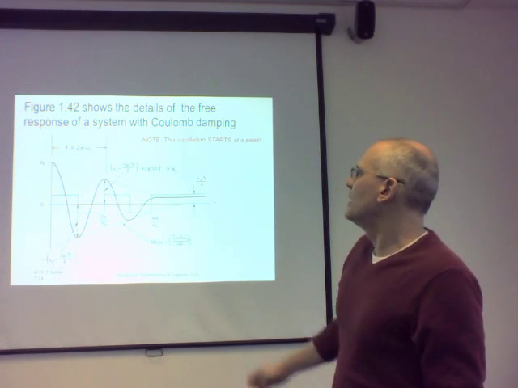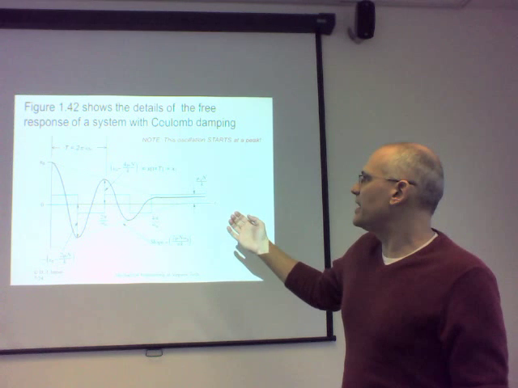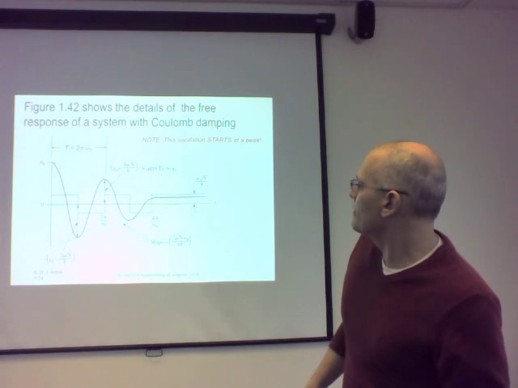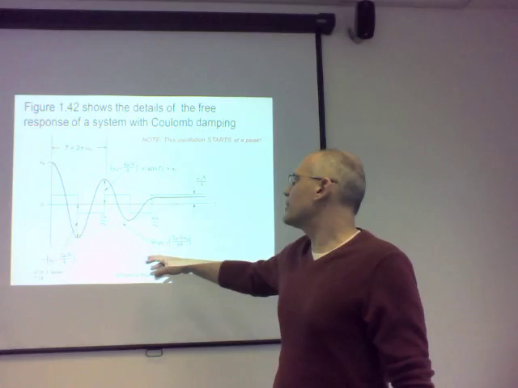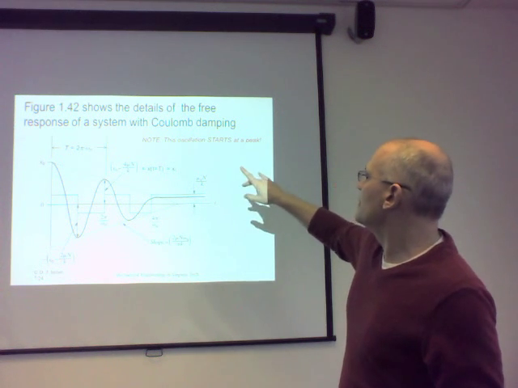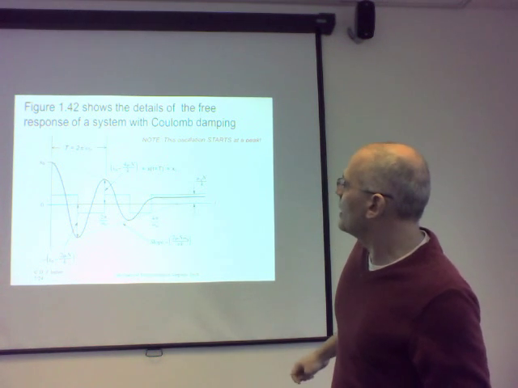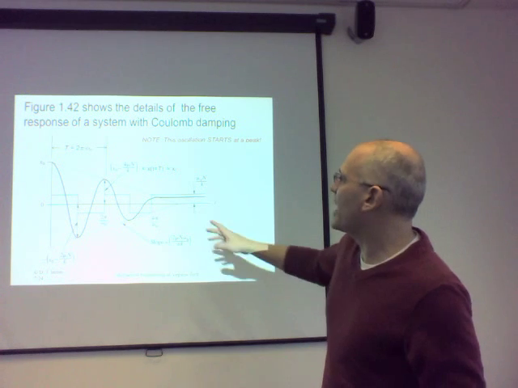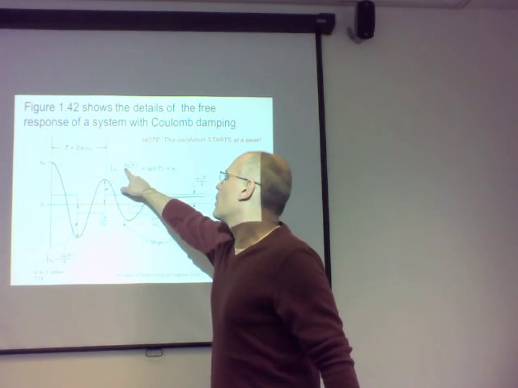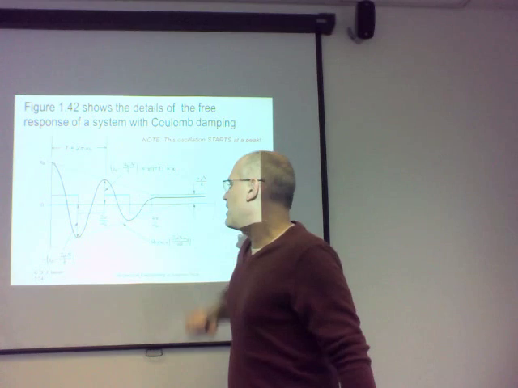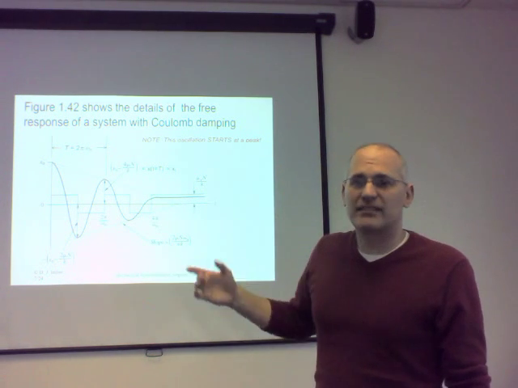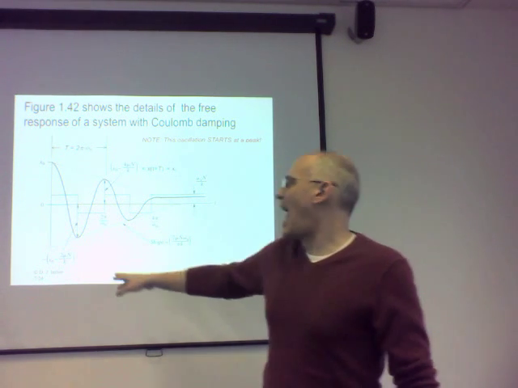All right. What's the decrease in the amplitude? Well, let's see. We've got our x naught here. We're going to lose 4 mu N over k each full oscillation. Okay, so here's half an oscillation.